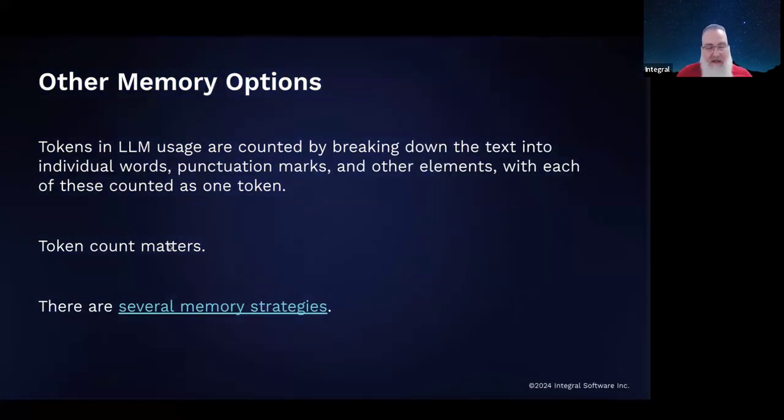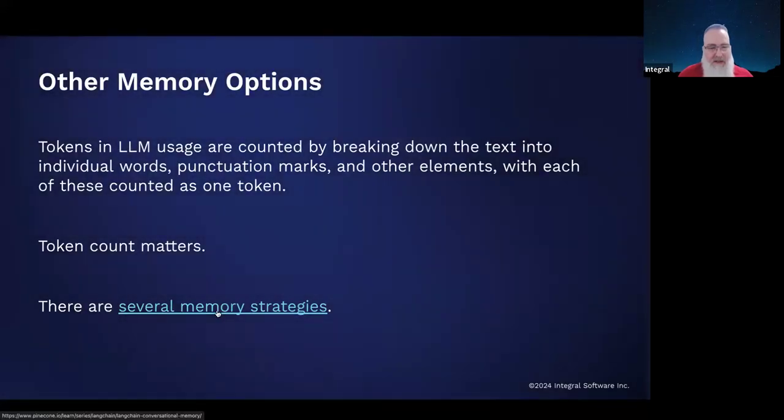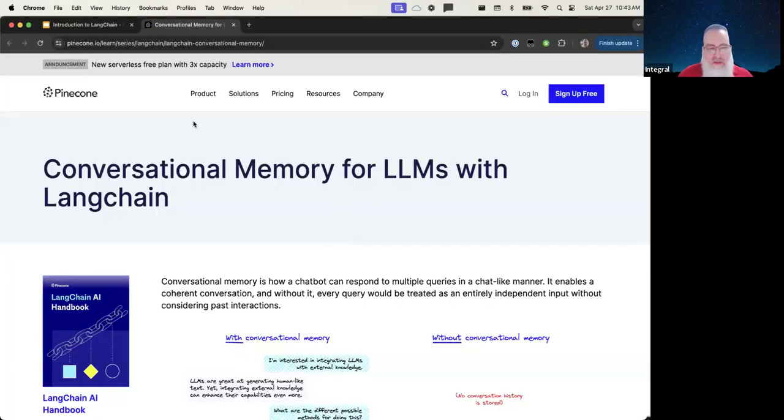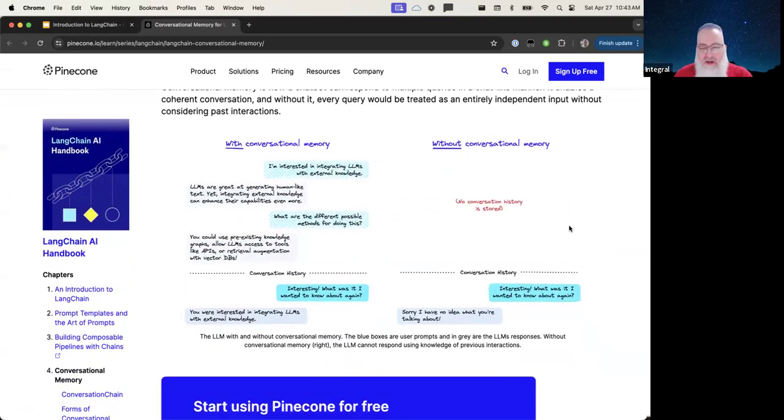It depends on your use case. So let's look at the strategies that exist. Pinecone, by the way, is another tool, and that's actually what I used previously to store conversation history in a VectorDB. They know a lot about how this works.